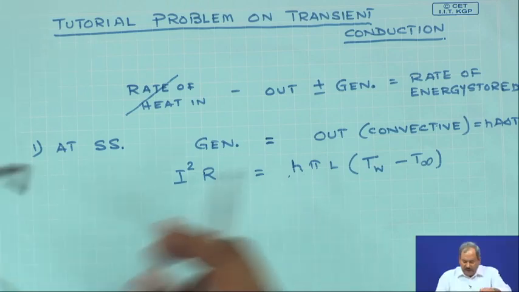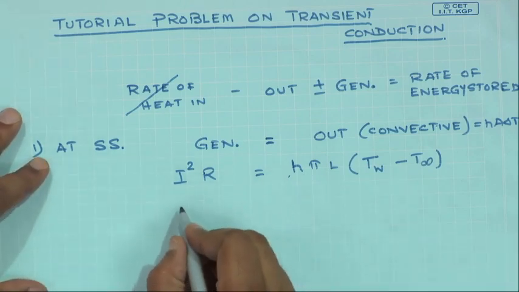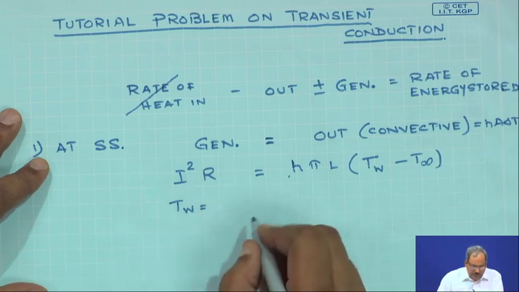Now, it's a simple equation where you can substitute the values and get the final temperature of the wire, which is going to be a constant that will not change with location, and therefore the value of T_w can be obtained from this relation. One point to note is that the resistance per unit length is provided in the problem. So, if I divide the left hand side by R by L, then I have all the numbers with me.